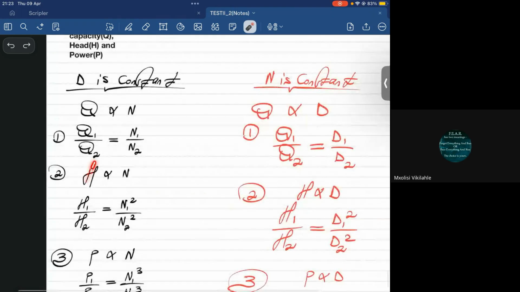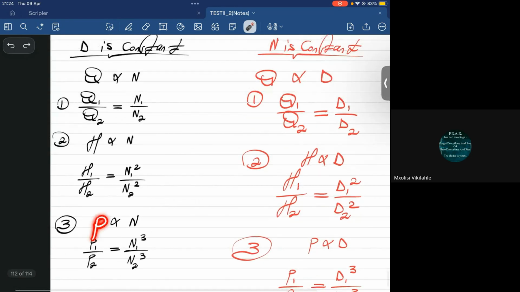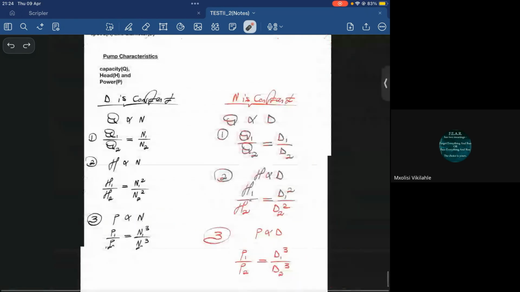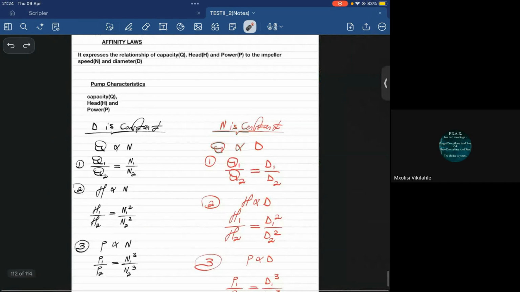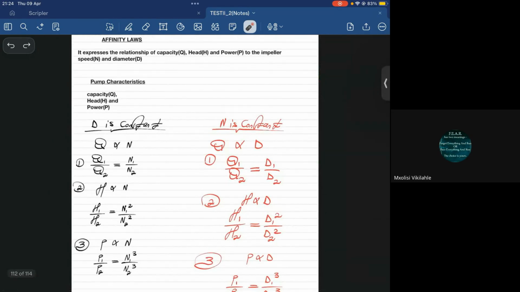And then this is the head available, the height of the pump, of course, in meters. And power, of course, is in watts. So that's what you have to know about the affinity laws.